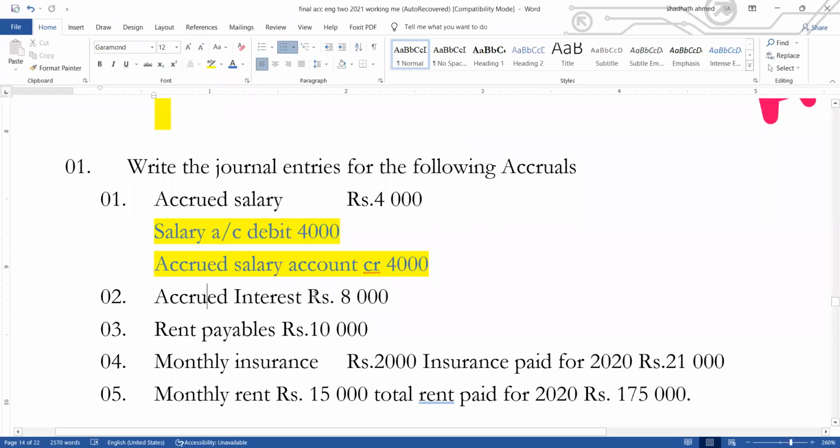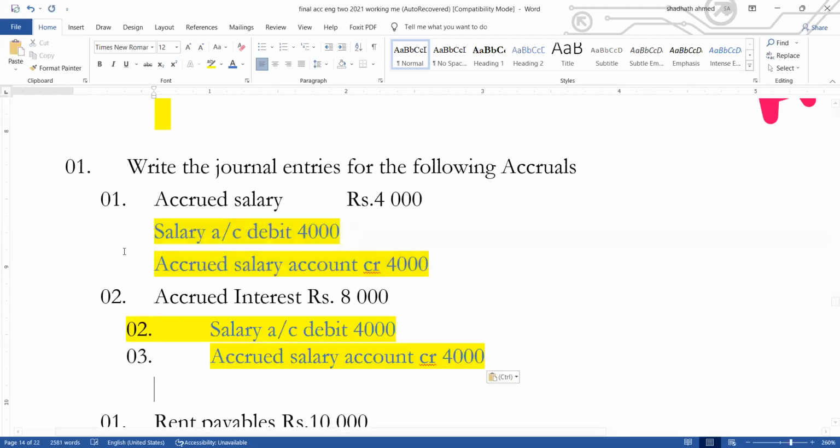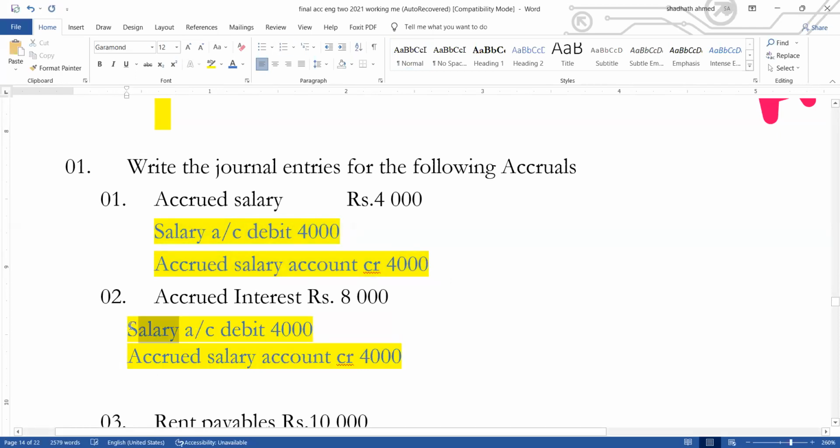Okay, number 2, accrued interest 8,000. So the double entry will be interest account debit 8,000 and accrued interest account credit 8,000. I hope all of you got it correct, right?